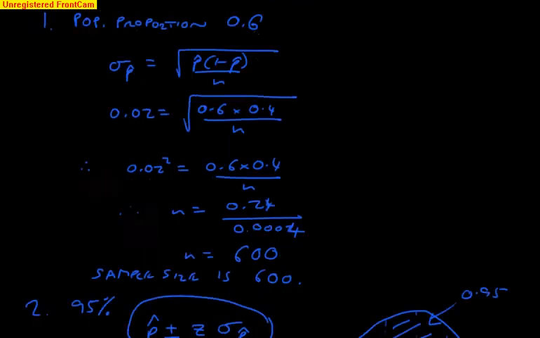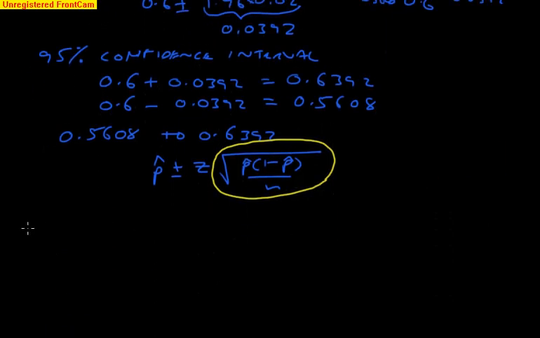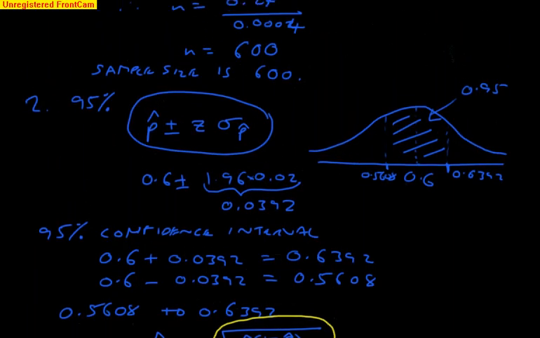Question 3 is find the margin of error. I just refer to my very detailed picture here. Here's the confidence interval. It's from this point to this point. The margin of error is just the size of this bit from here to here, from the middle to the edge.